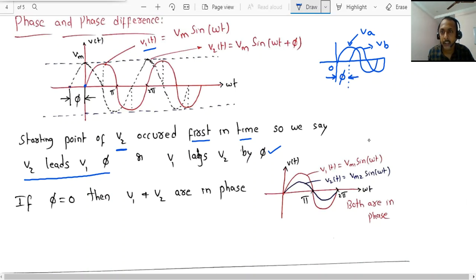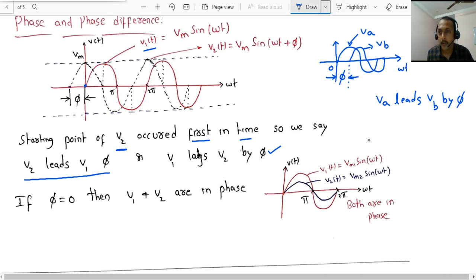Now this is the phase difference. In this diagram, VA occurred first. VA has started first. So in this example, you should say VA leads VB by phi. Very, very important.